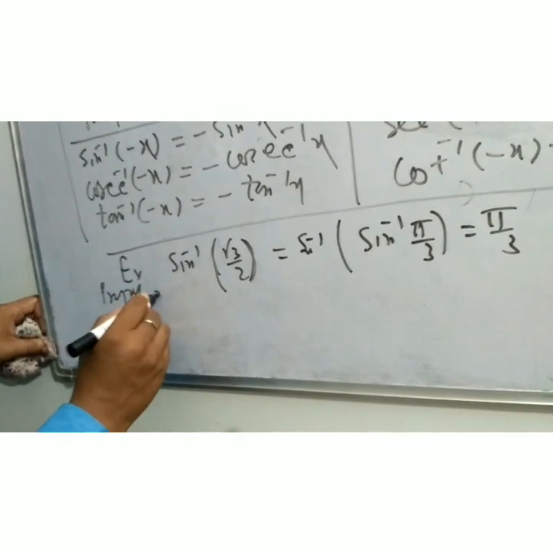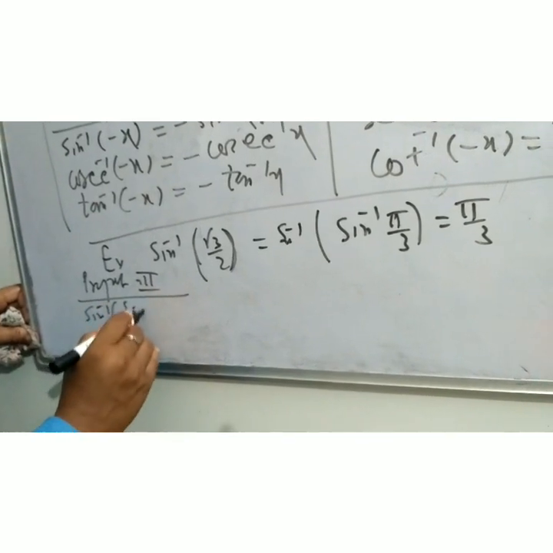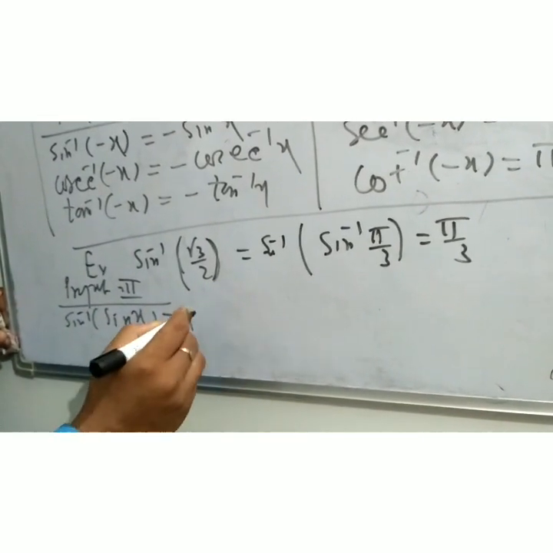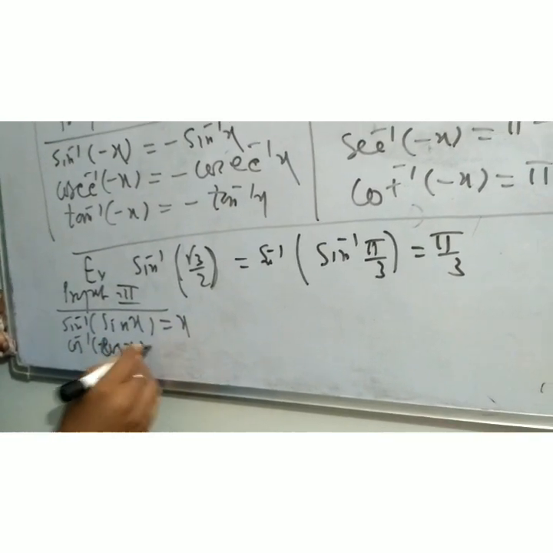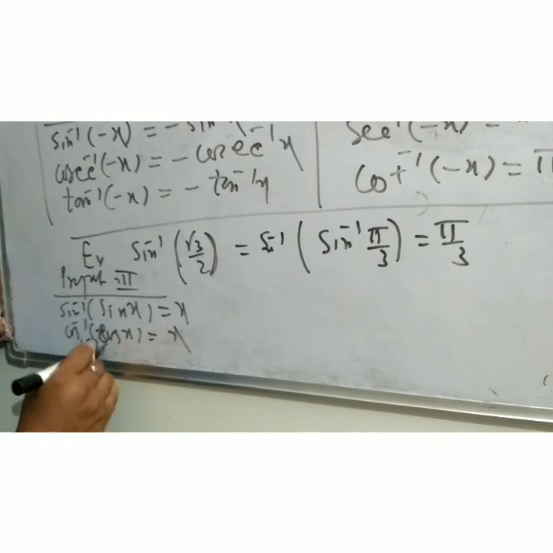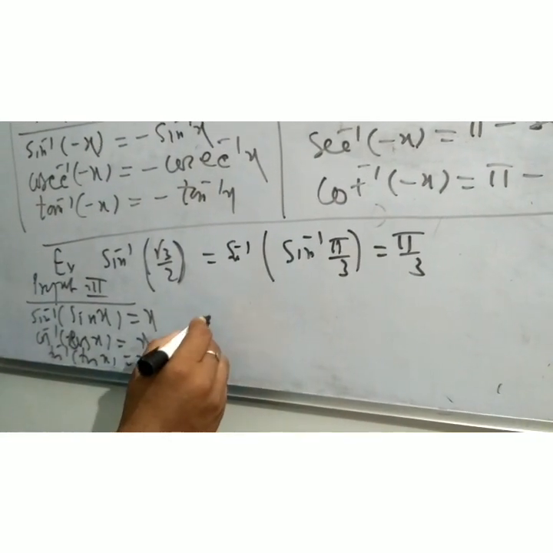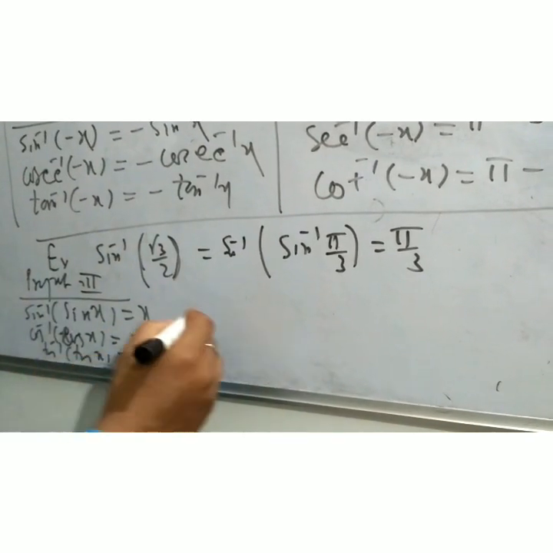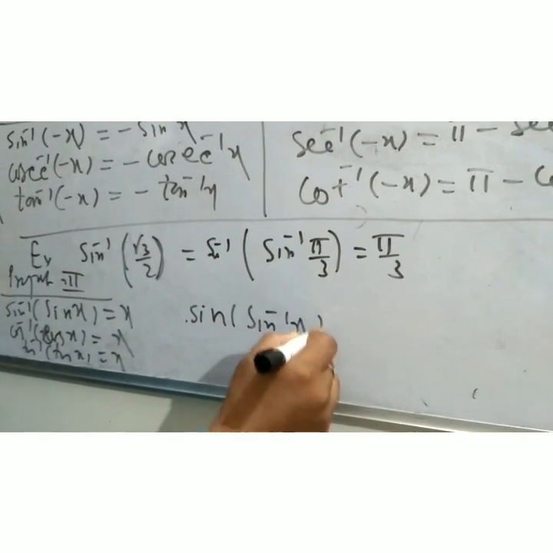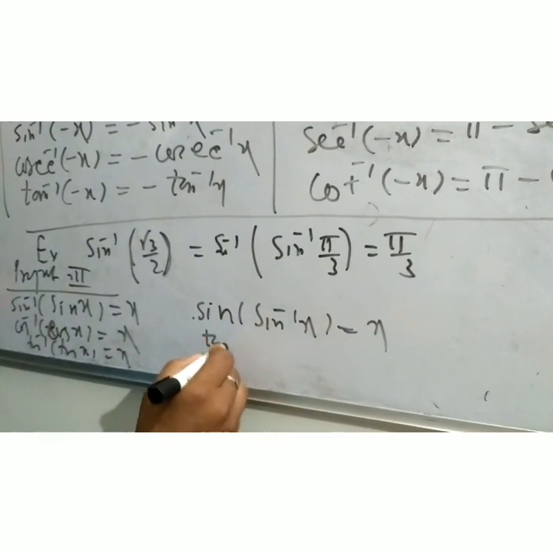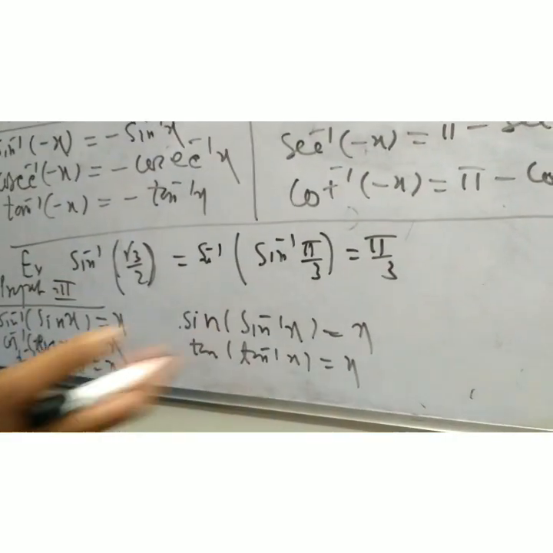Property number 3: sin inverse sin x is equal to x, cos inverse cos x is equal to x, tan inverse tan x is equal to x. Similarly, you can write the other three terms, and the opposite way as well.